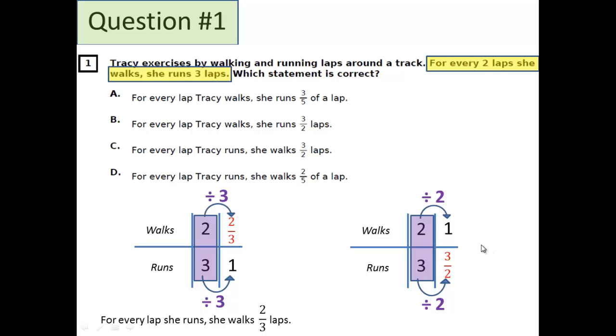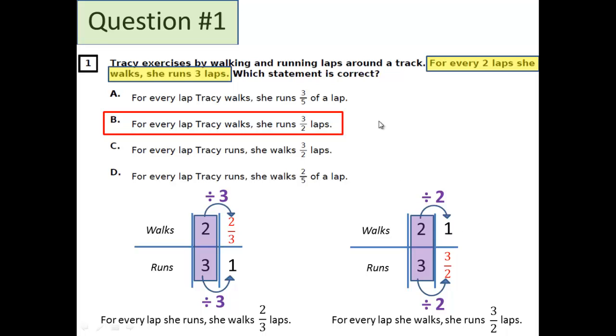So now what does this one mean? Well, this means for every lap she walks, she runs 3/2 laps. So I wrote that down here. For every lap she walks, she runs 3/2 laps, and that is choice B.